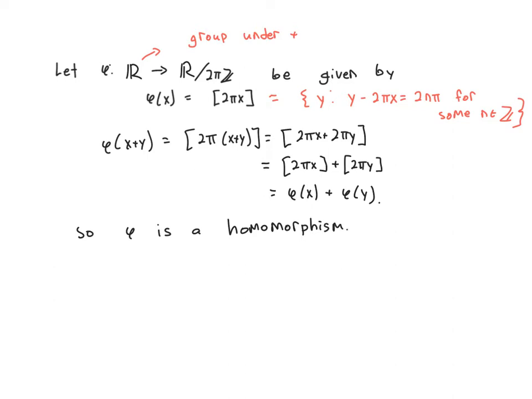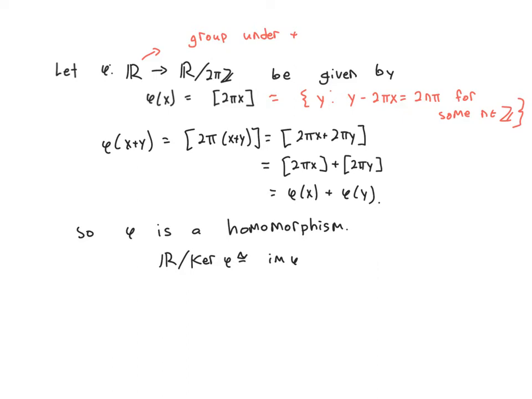So by the first isomorphism theorem, R mod the kernel of this homomorphism is isomorphic to the image. Well, what is the image? What could we get as a possible set here?